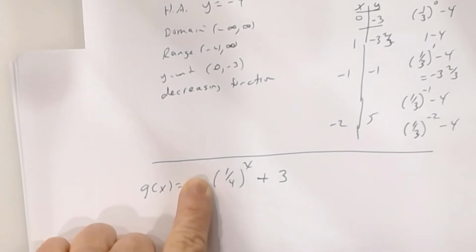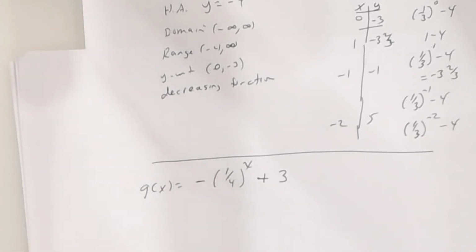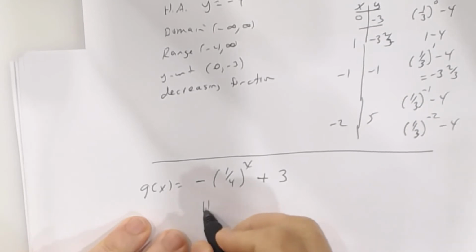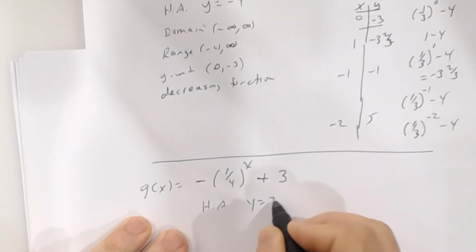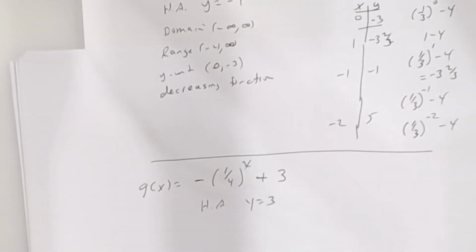Above. The fact that there's a reflection, the graph will be located where? Below. And what is the horizontal asymptote? y equals 3. Okay, so when I graph the horizontal asymptote, I'm going to have a dotted line like y equals 3.